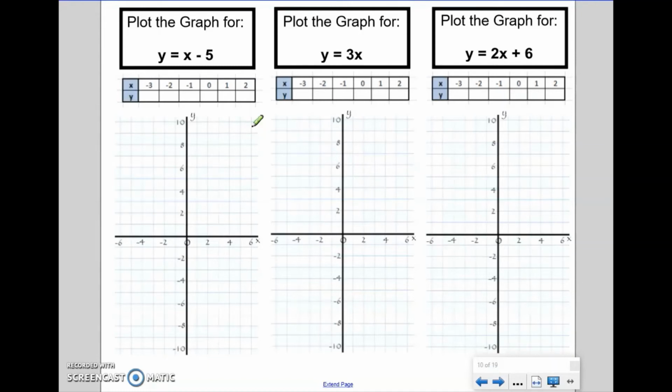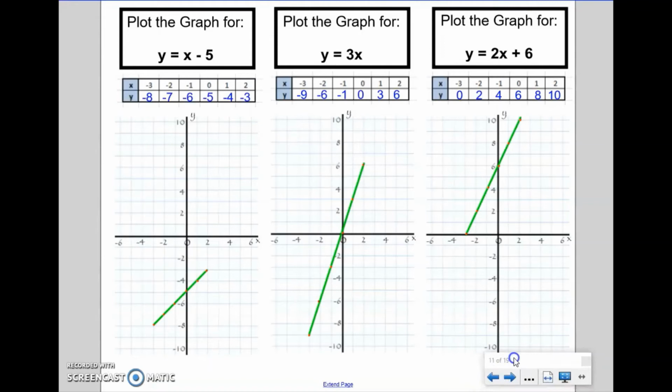Okay, welcome back again. If I have a little look at my solutions, they should look something like that. So the completed tables are at the top, just take a minute or two to mark up your tables and make sure your graphs look similar to my linear graphs. One thing to notice is on this question here, there's nothing following the x.